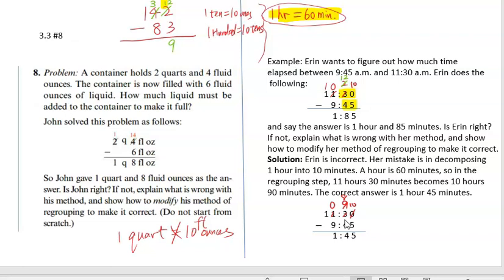Why should it be 90? Because 1 hour equals 60 minutes. So we already have 30 minutes plus that 1 hour we borrowed from the 11 hours. So that's going to be turned into a 90. So you can just go ahead and put a 90 here and then do 90 minus 45, which gives us 45.